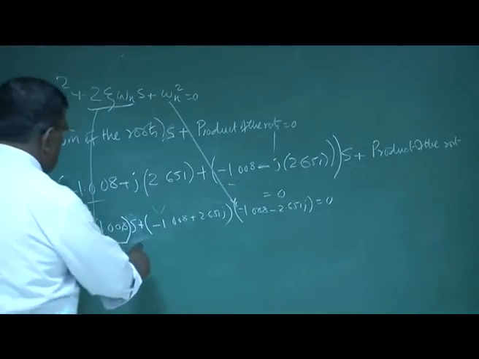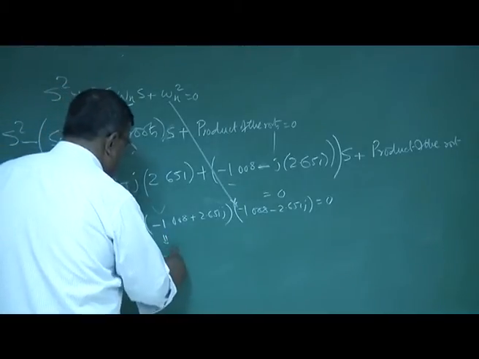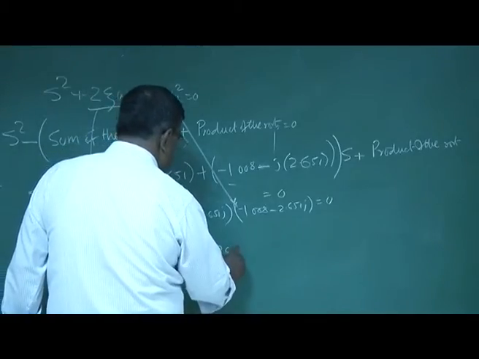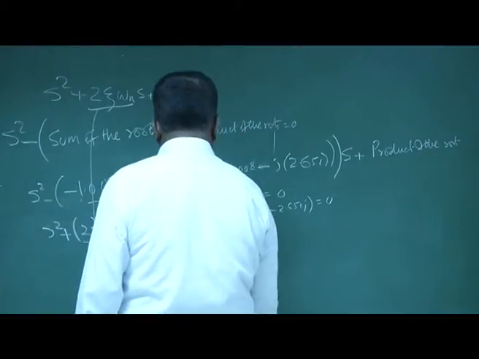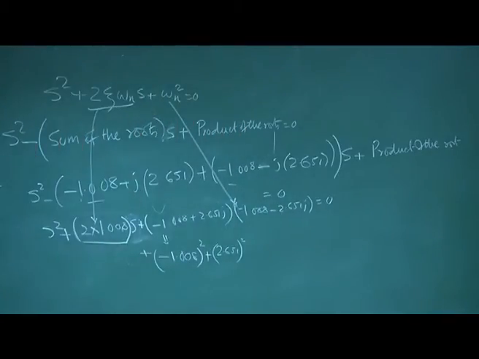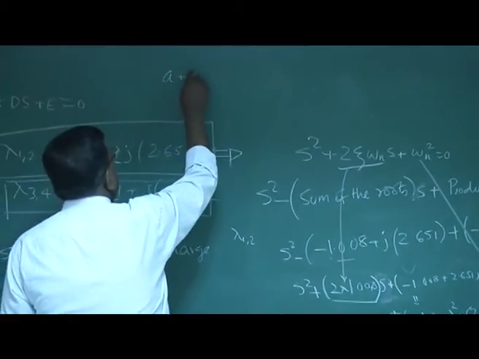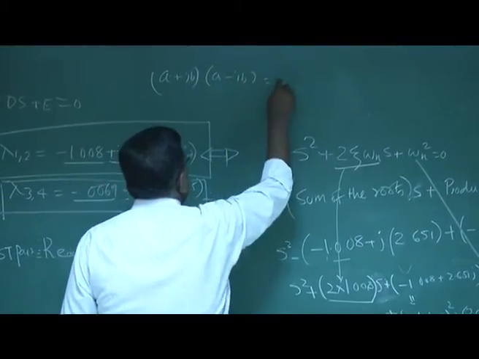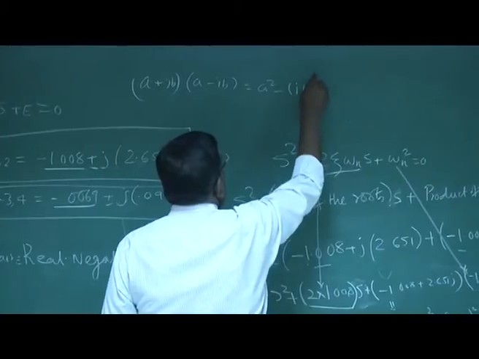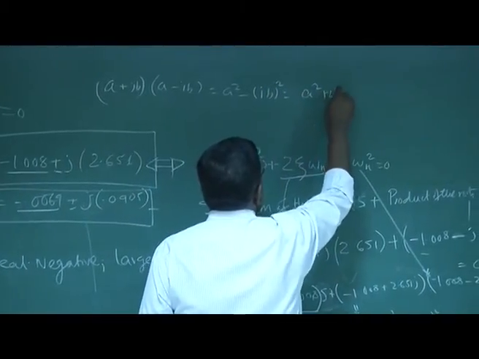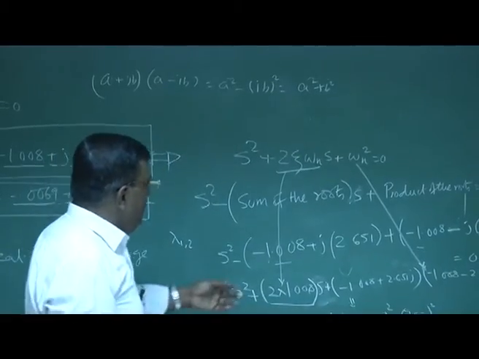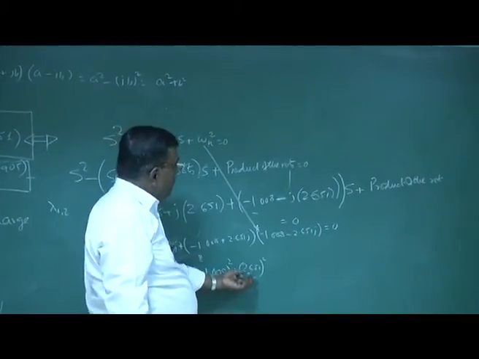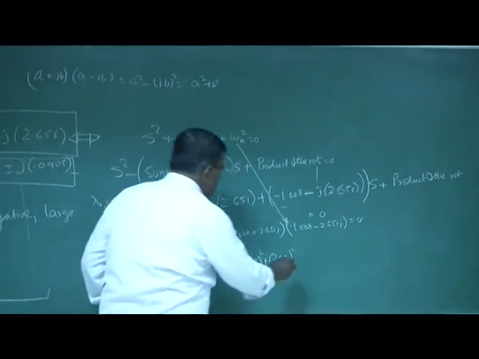So this will be minus 1.008 whole square plus 2.651 square.